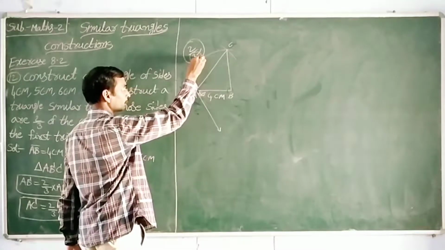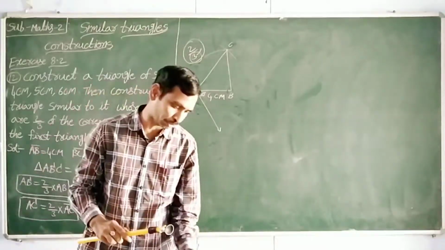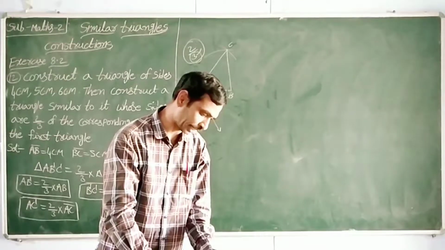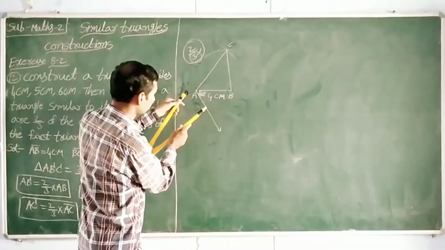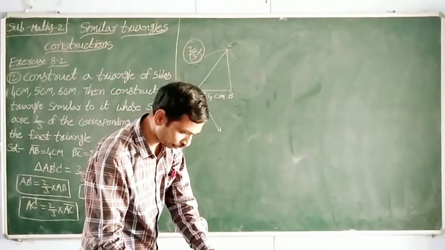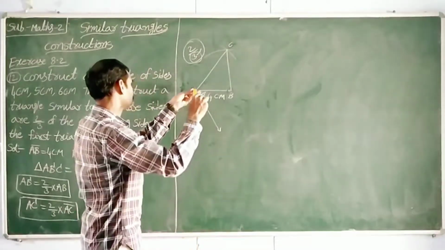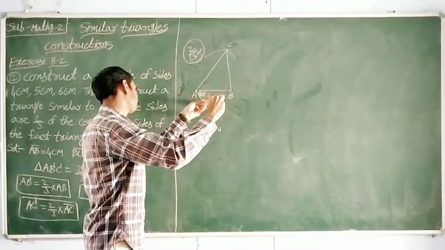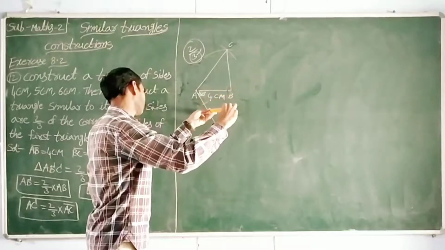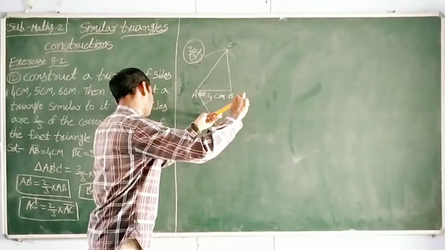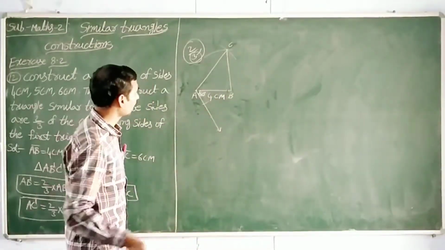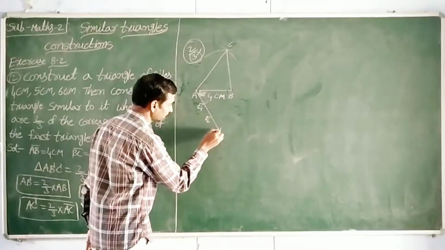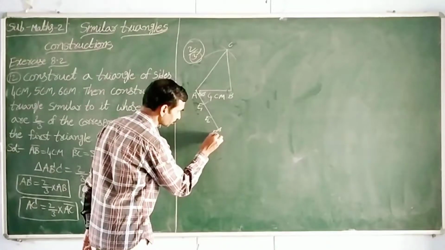Here I am taking 2 centimeters for each equal part. Now make 3 equal parts: first part, second part and third part. This is E1, this is E2, this is E3.